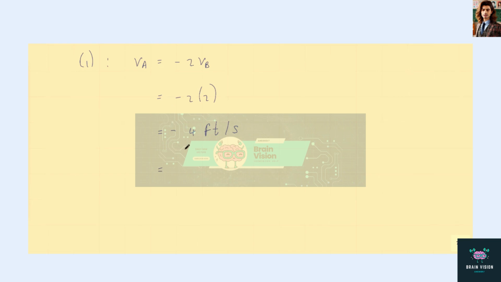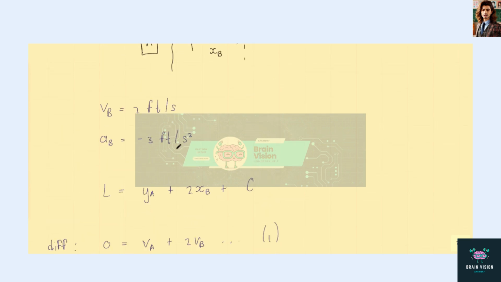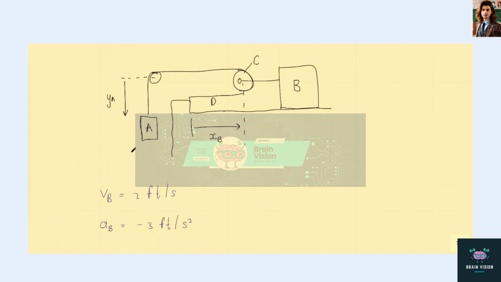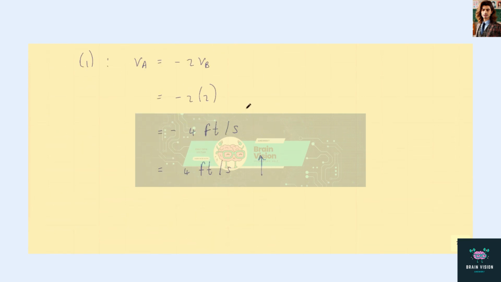So the velocity of A is 4 feet per second upward. From our diagram, we can see we've taken the downward direction as positive and to the right as positive. So the velocity of block A is 4 feet per second upward.